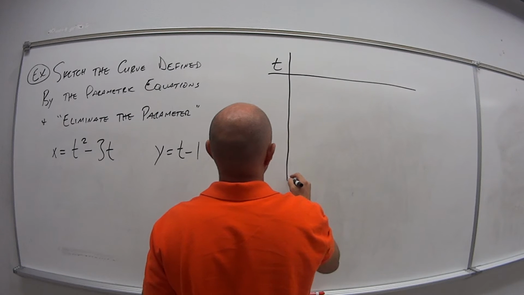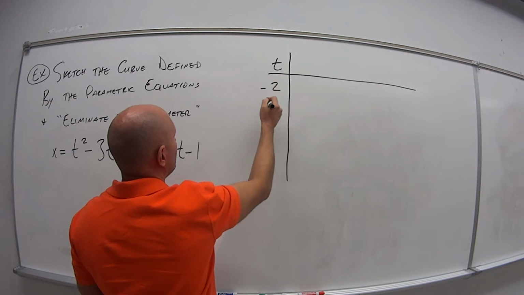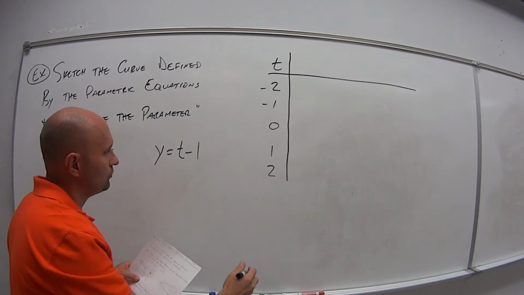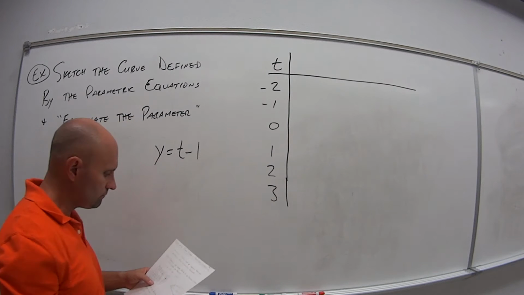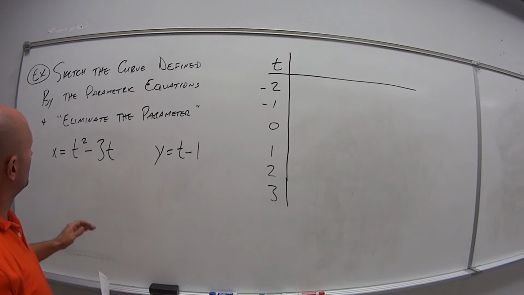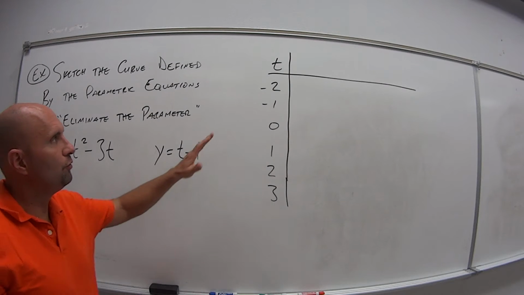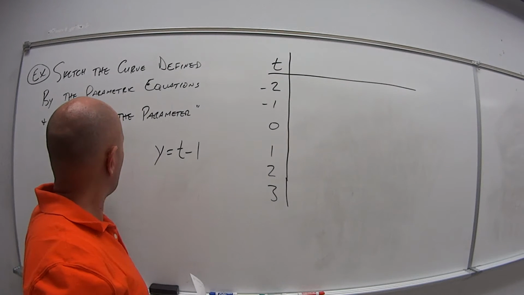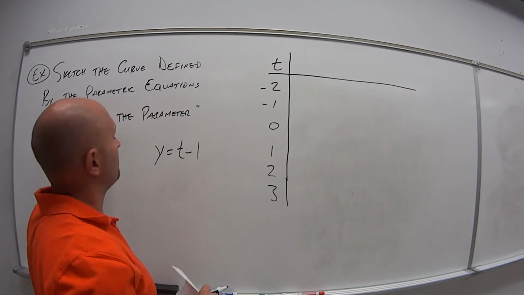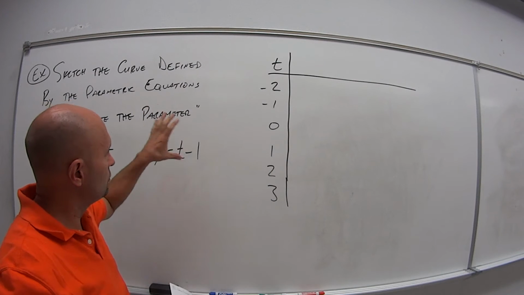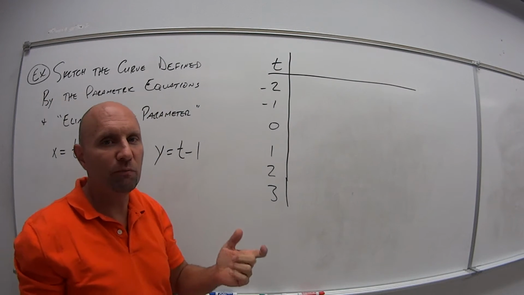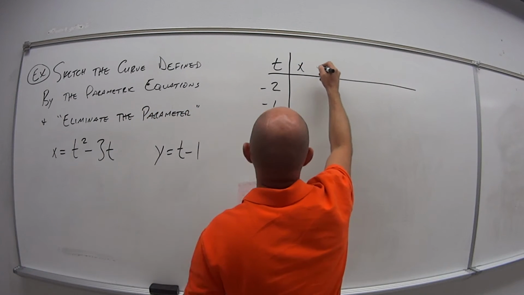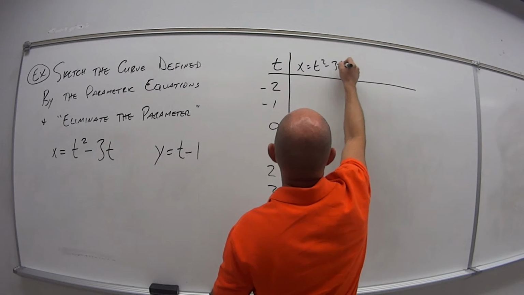So I'm picking values for t. I'll pick a couple negatives, -2, -1, 0. Let's pick a couple positives, 1, 2, 3. See what this gives us. So now I want to find, using this parameter, t is -2, t is -1, t is 0, etc. I want to find out when it's -2, what's my value of x? When it's -2, what's my value of y? And then that'll give me a point that I can graph with an x coordinate and a y coordinate. So my x is t squared minus 3t.